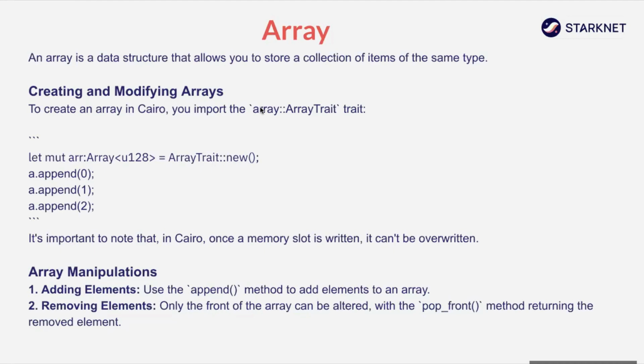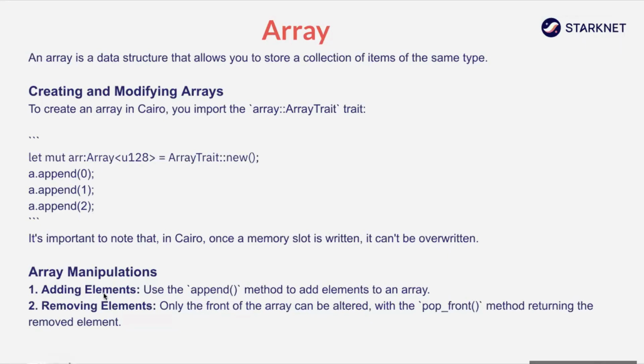You have to import ArrayTrait for your code to compile while using arrays. When you want to append items to your array, you use the .append method and the item that you want to append. It is important to note that in Cairo, once a memory slot is written, it can't be overwritten. I think I already mentioned that.